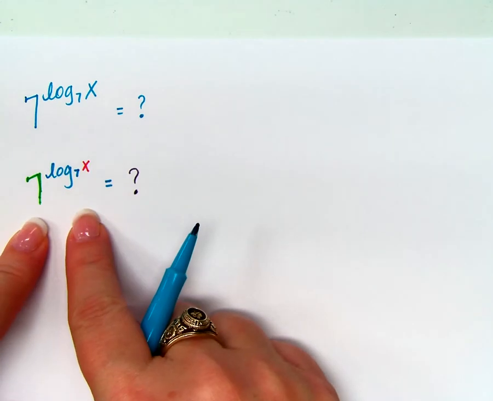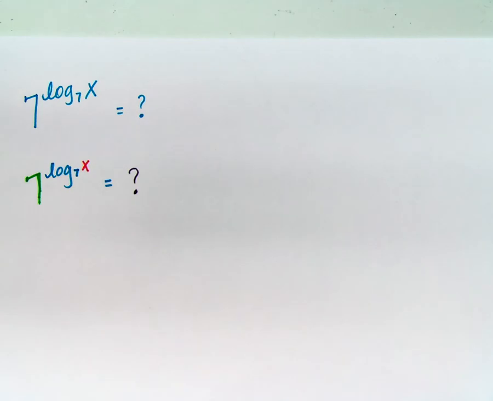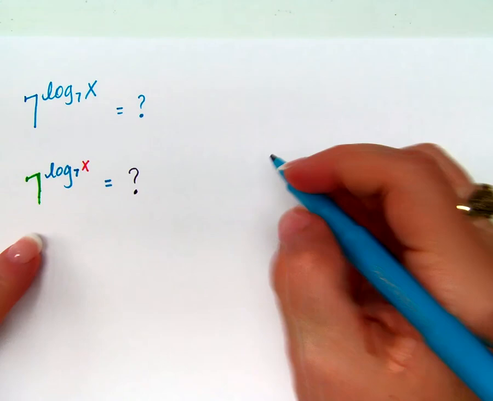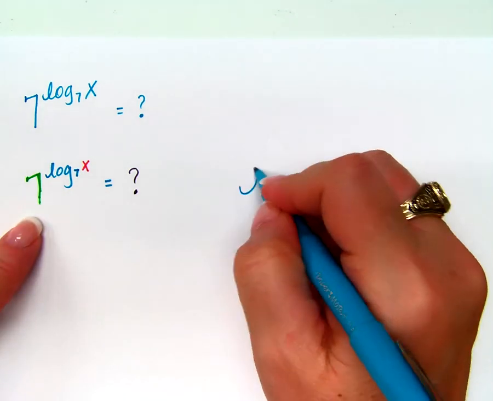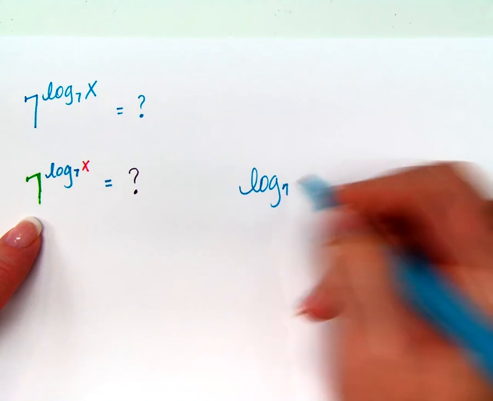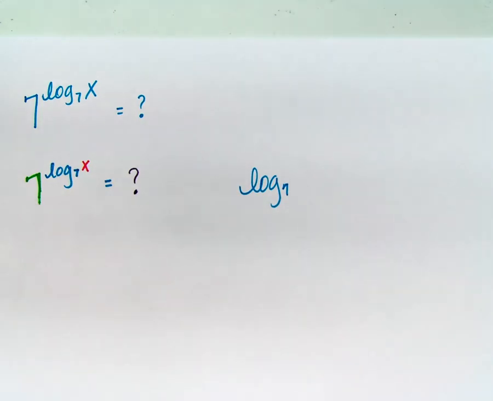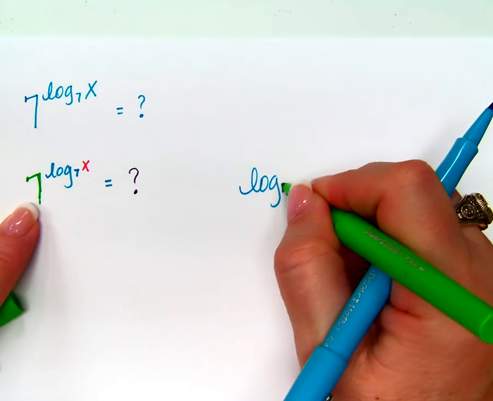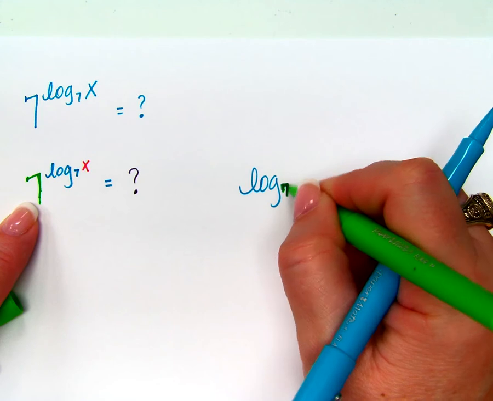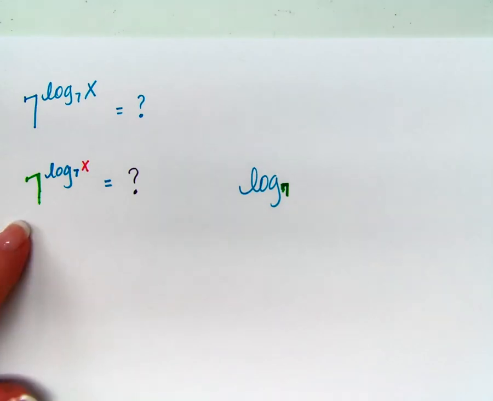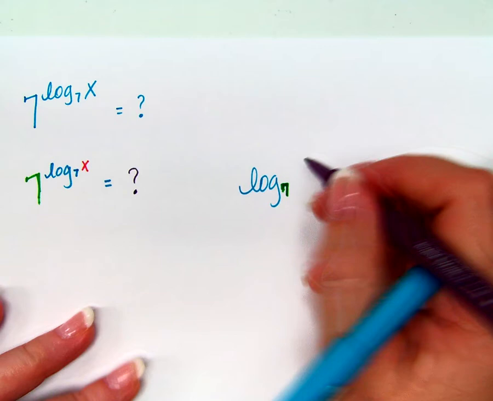This is an exponential form. I want it in logarithmic form. What do I write first? Okay, log base 7 because of that base, right? Let me make that green then. That's green. Log base 7 of what? Question mark.